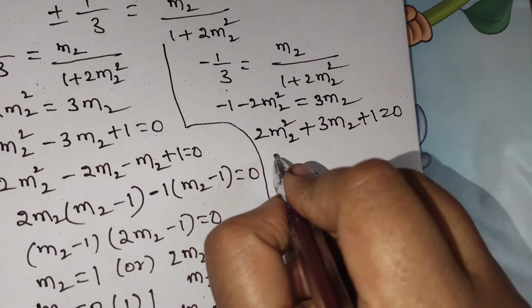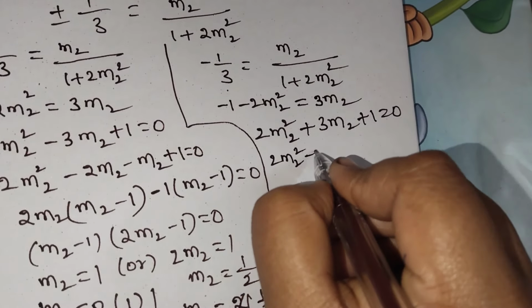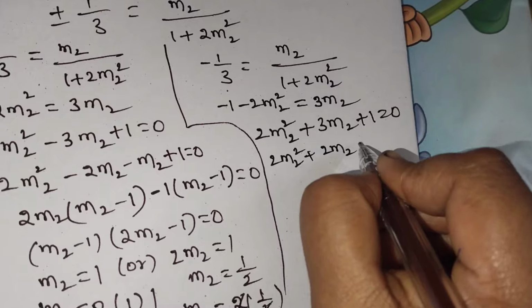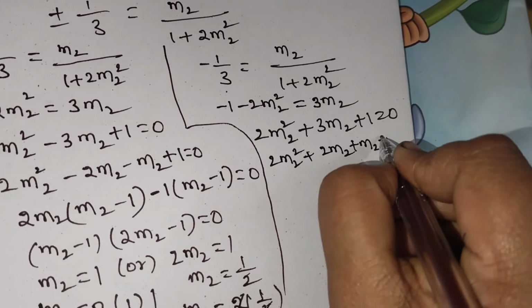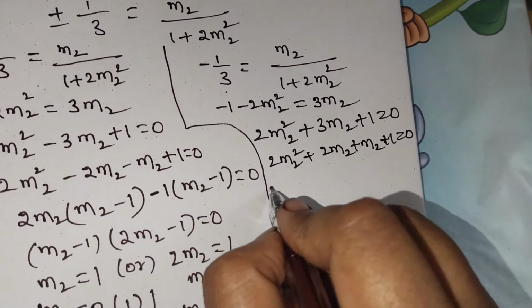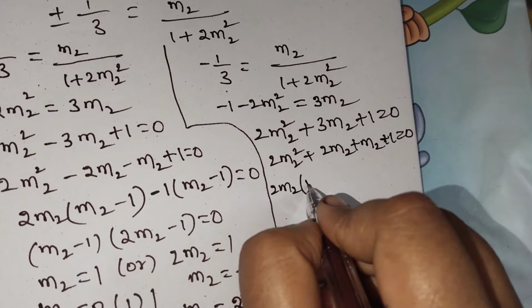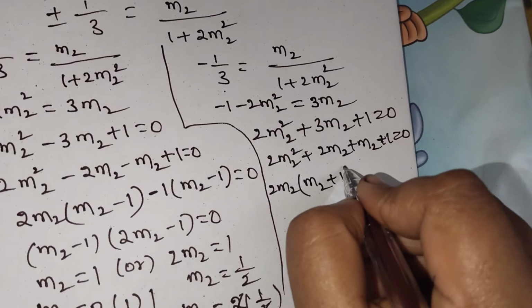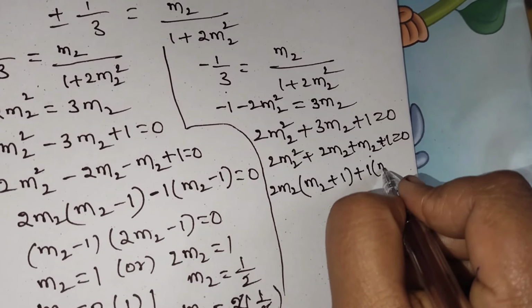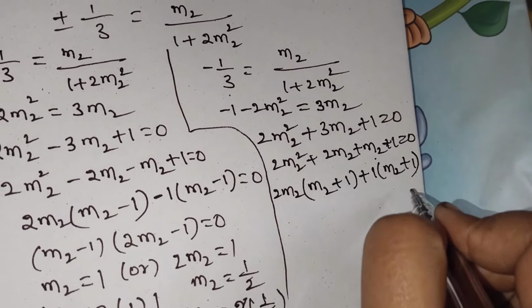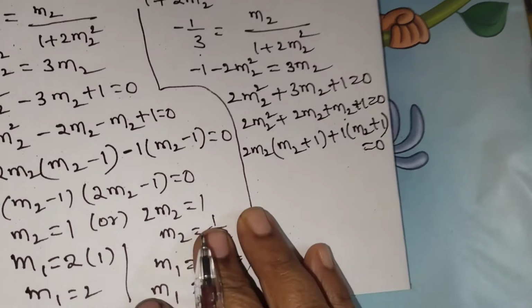Find the roots for this. So 2m2 square plus 2m2 plus m2 plus 1 is equal to 0. Take 2m2 common, remaining is m2 plus 1. Here plus 1 take common, then m2 plus 1 equals 0.